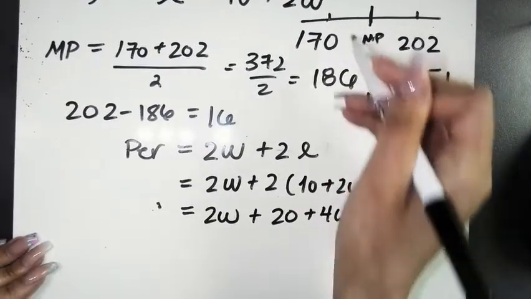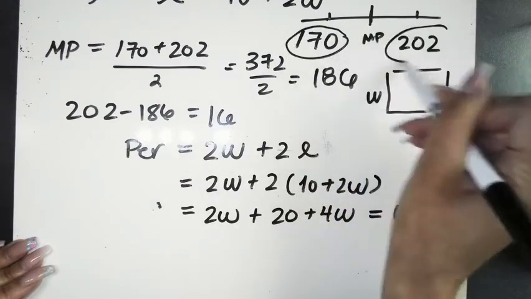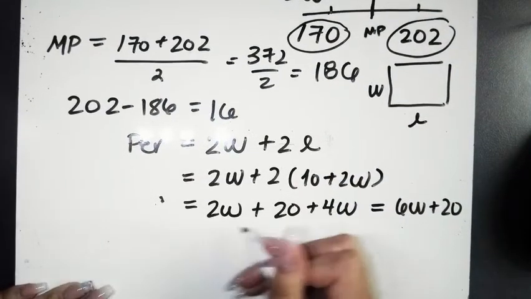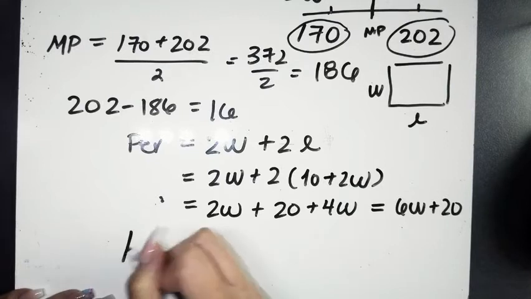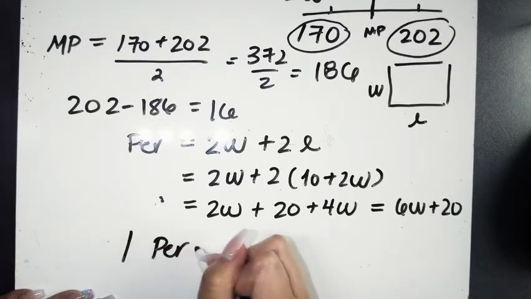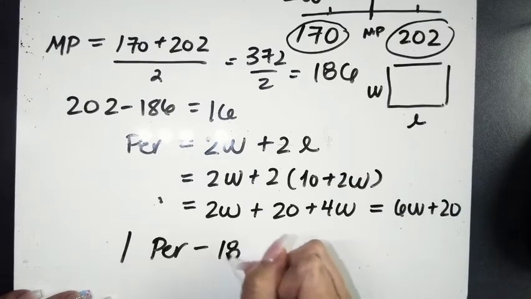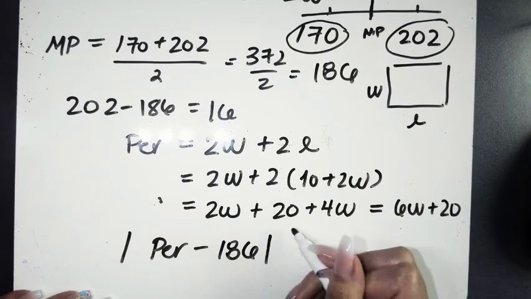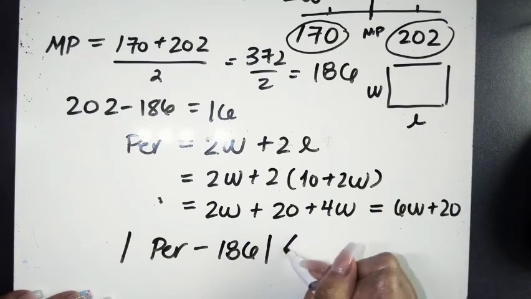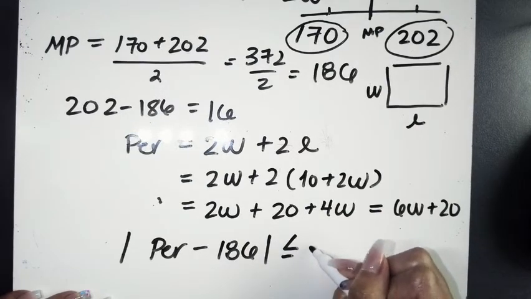The absolute value inequality was referring to the perimeter. Therefore, it's the absolute value of the perimeter minus the midpoint that we found, 186, less than or equal to 16. Are we okay with that?